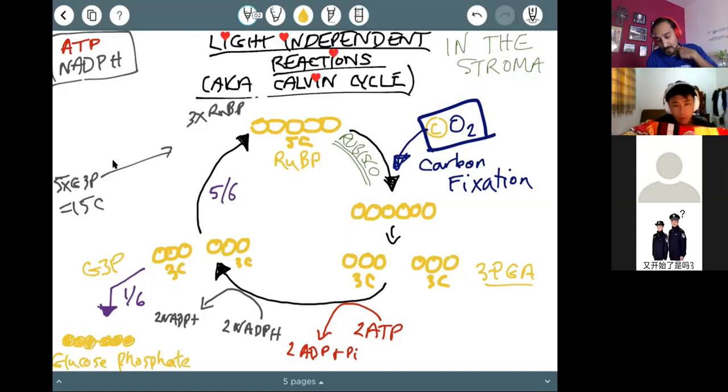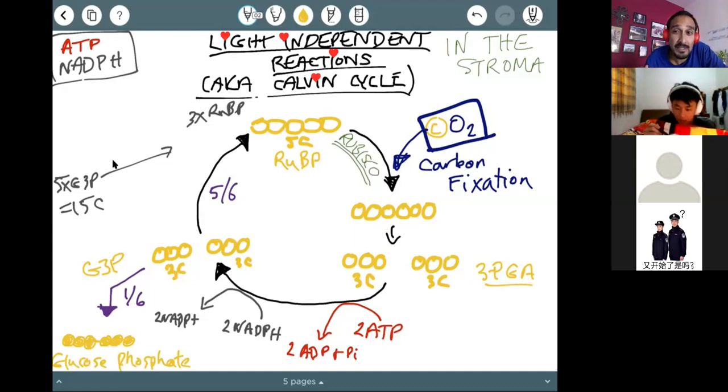The rest of them will continue on and be rearranged. But we can assume that it's not just happening once, it's happening many times.